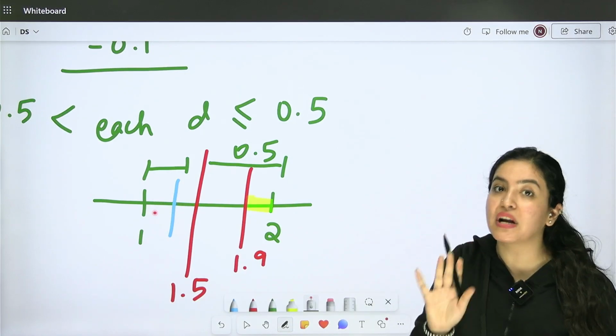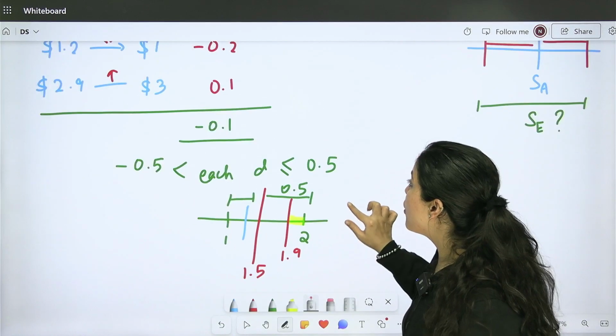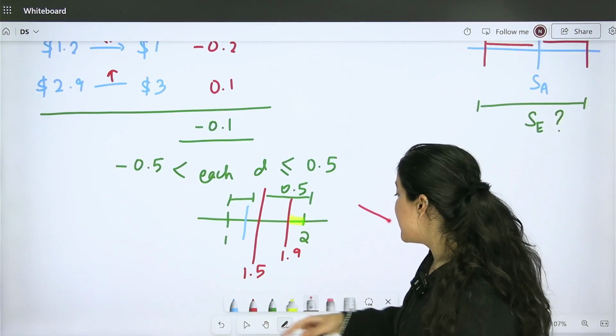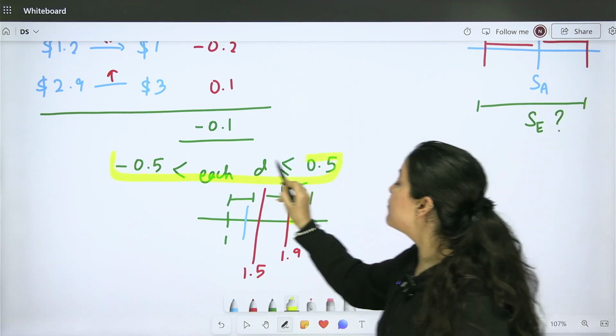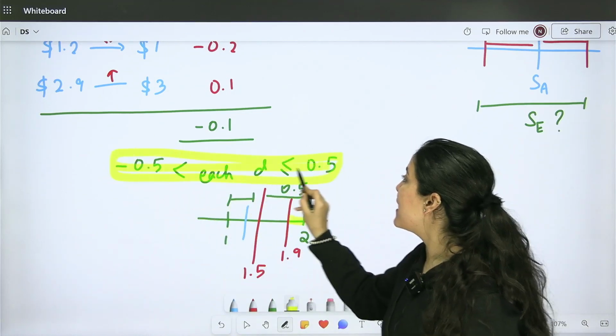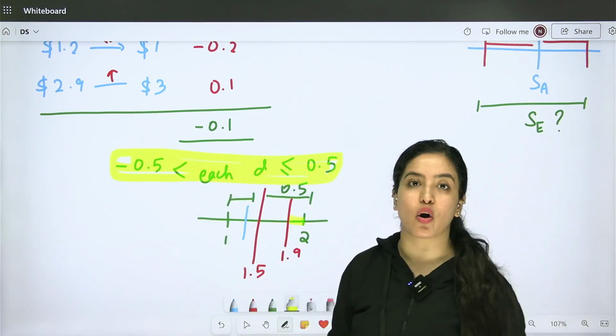Negative is just to show reduction, but it's a reduction by 0.5. So I am now sure that each deviation is going to be between negative 0.5 and 0.5, where positive 0.5 can be attained but negative cannot be.